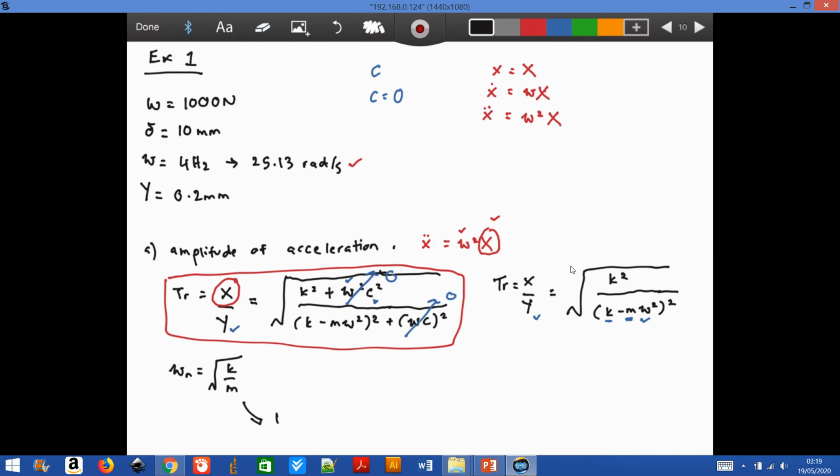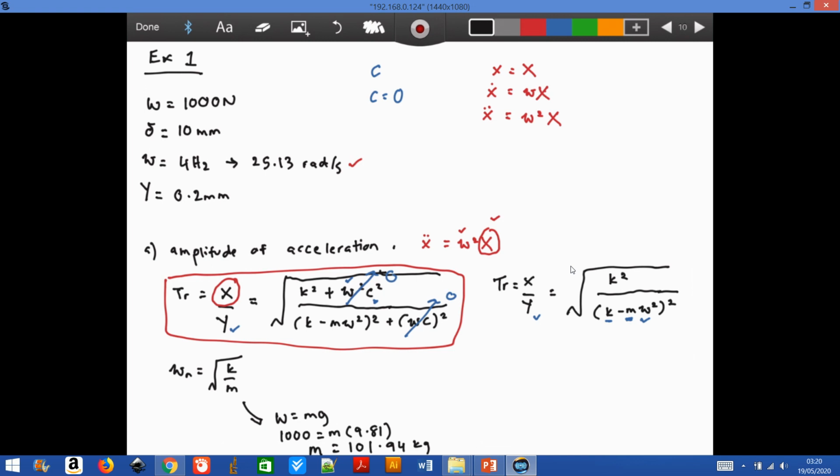We know that W is equals to mg. So 1000 Newton is equals to m multiplied by 9.81. Therefore, the m is equals to 101.94 kilogram.